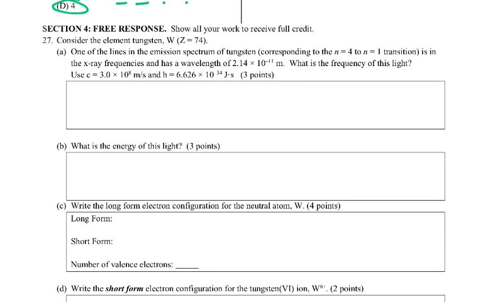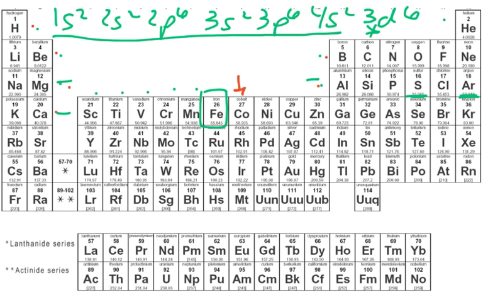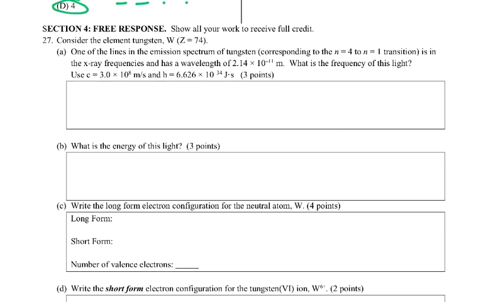Okay, for 27, okay, we're talking about tungsten. Okay, well, finding tungsten on the periodic table, tungsten is way down here. Okay, so that's going to be a big atom. Okay, one of the lines in the emission spectrum of tungsten is the X-ray frequency has a wavelength of this. Okay, so all that initial stuff is not very important. You say, here's the wavelength, what's the frequency?